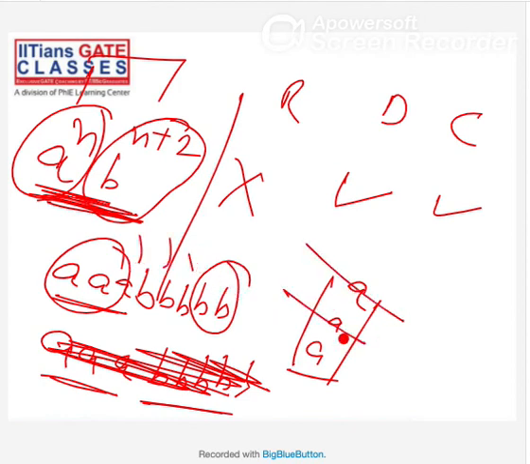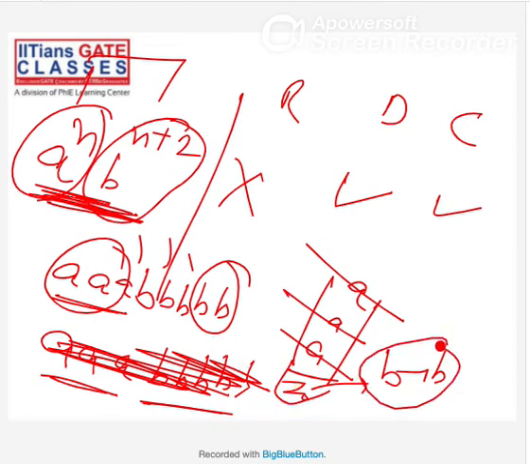Once it sees Z0, it will check whether 2 B's are there or not, and then it will go to the final state.